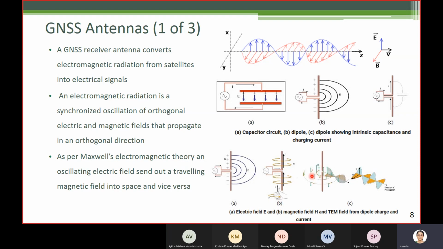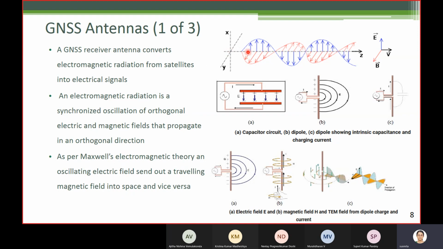And when we have a magnetic field alternating in time, it generates a traveling electric field that can propagate into space. So from an alternating electric field, we get a traveling magnetic field. Similarly, from an oscillating magnetic field, we get a traveling electric field.